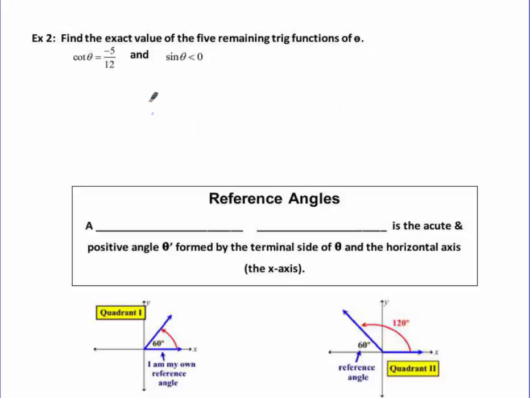Example 2, find the exact value of the 5 remaining trig functions. Well, let's not do that. Let's just find the exact value of the cosine of theta. So this tells us the cotangent of theta is -5/12, and sine of theta is less than 0.